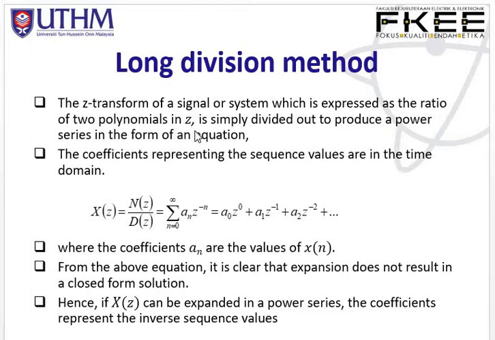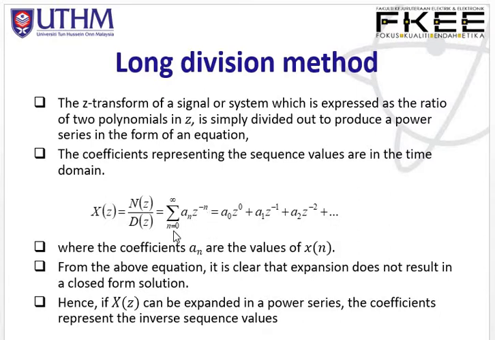For the long division method, the Z transform of the signal, which is expressed as a ratio of two polynomials in Z, is simply divided out to produce a power series in the form of an equation. So X(z) is the numerator divided by the denominator, equal to the summation of a_n z^(-n). When n equals 0, all the n will be substituted with 0.